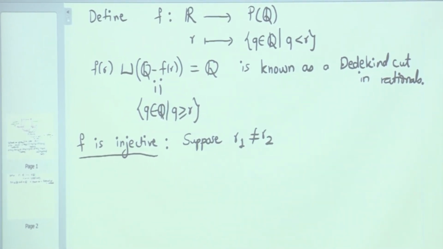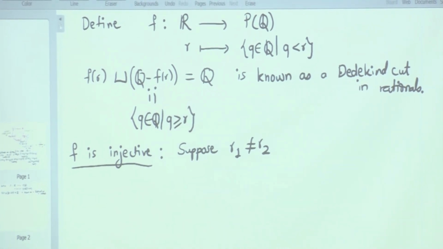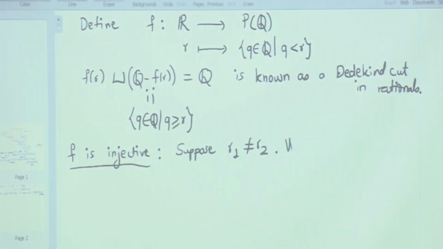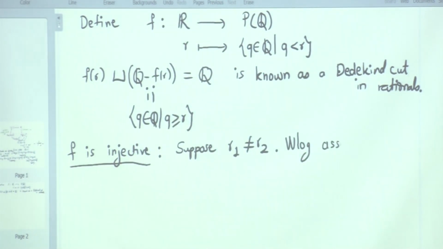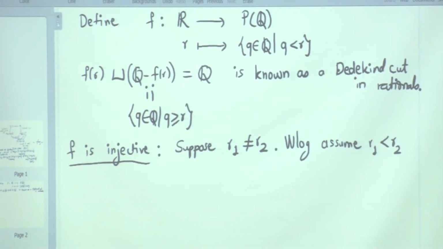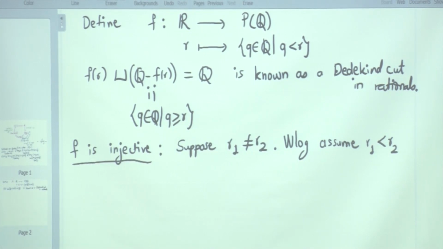Well, real numbers are also dense linear orders. So, if r1 is not equal to r2, then either r1 is smaller than r2 or r1 is bigger than r2. So without loss of generality, assume r1 is smaller than r2. Now we have to use a stronger property, that rationals are dense in real numbers.